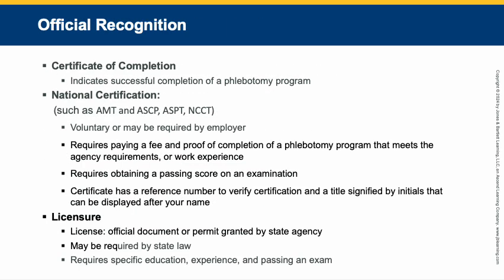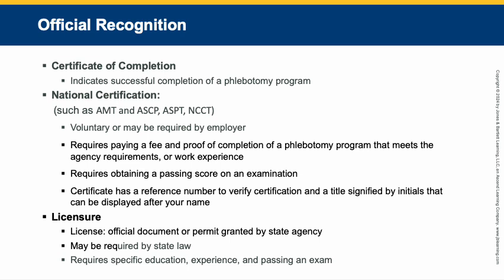Okay, official recognition. We need to talk a minute about the difference between certification and licensure. When you finish this program, ICC or Northeast, whichever you're at, they will issue you a certificate of completion. That means that you have successfully completed everything that I've asked you to do.